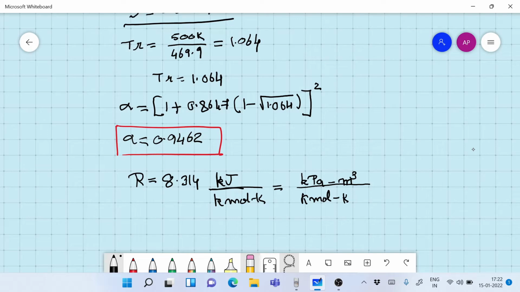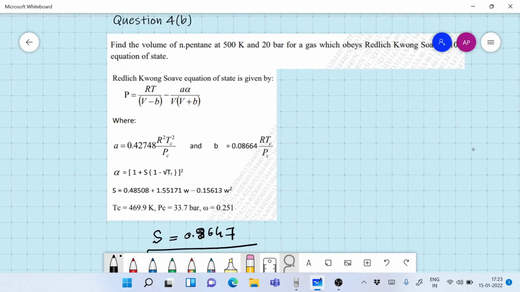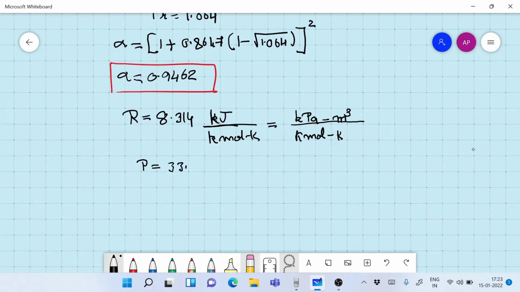First of all, the pressure that we need to take, which is given as 33.7 bar, we will have to convert into kilopascal. So 33.7 bars is going to be 33.7 into 100 kilopascals, which is equal to 3370 kilopascals. Now that's our critical pressure.